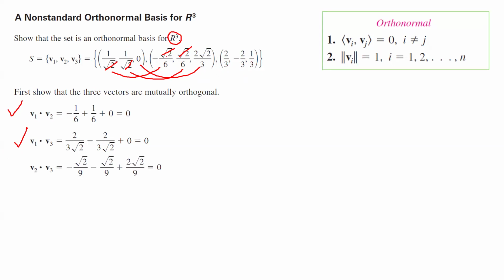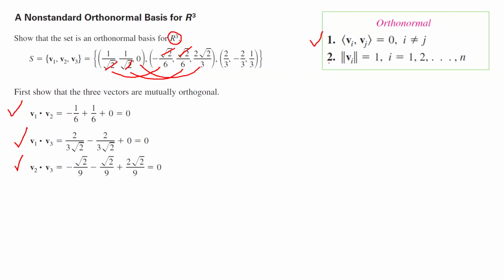Now just find the dot product between these two vectors, which is negative square root of 2 over 6 times 2/3, square root of 2 over 6 times negative 2/3, and 2 times square root of 2 divided by 3 times 1/3, which is, again, 0. So these vectors are orthogonal, or they are perpendicular pairwise. So the first condition is met.